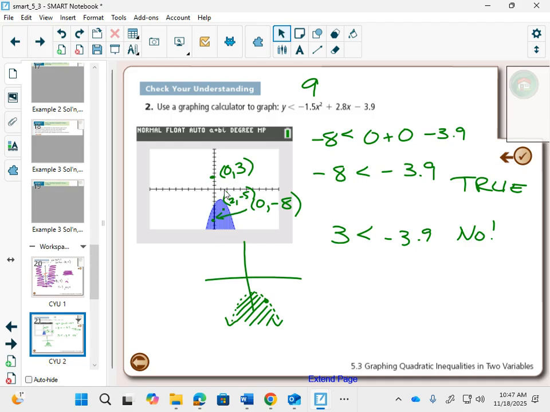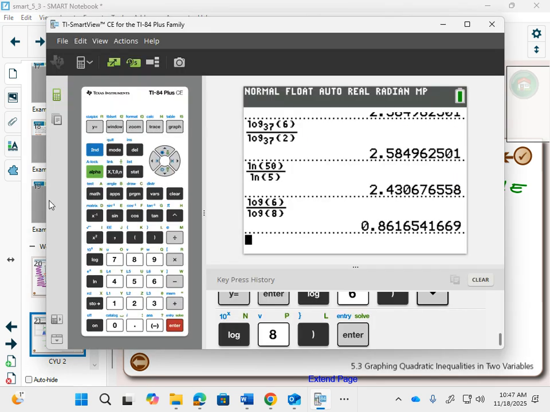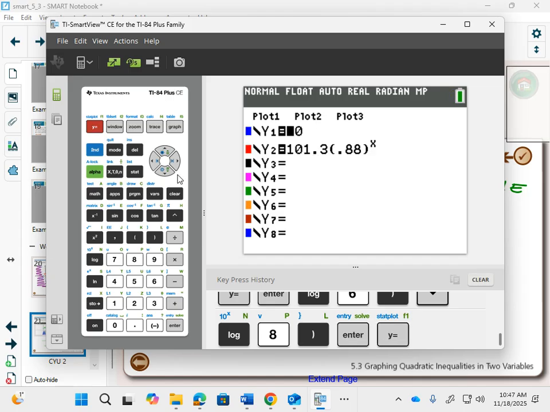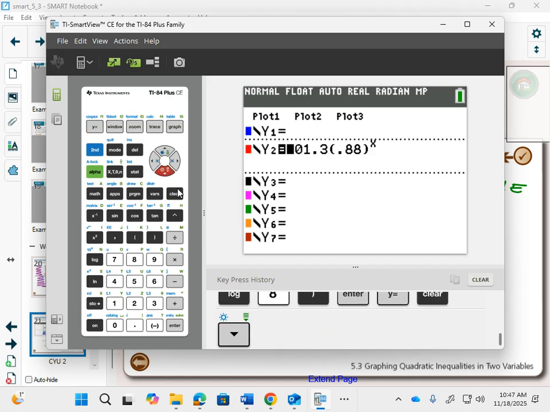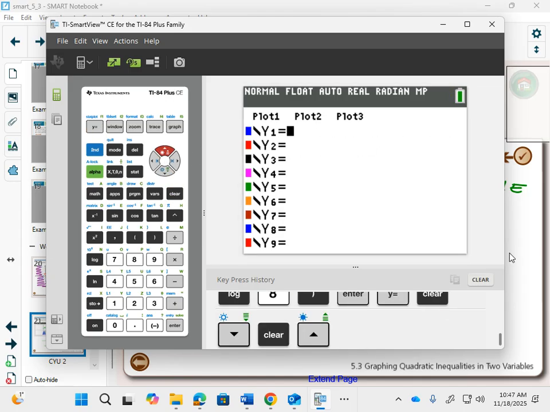What we can do is take out our graphing calculators and go to y equals. If you have other stuff in here, we're going to clear it out. And I'm going to type this in. So it was negative 1.5x squared. Now there's a subtract sign and a negative sign.